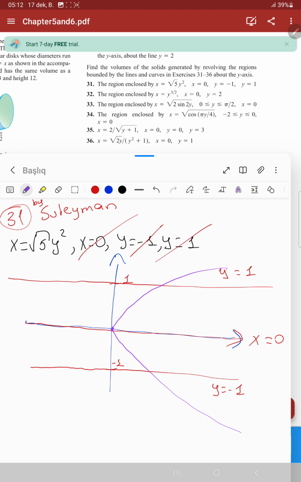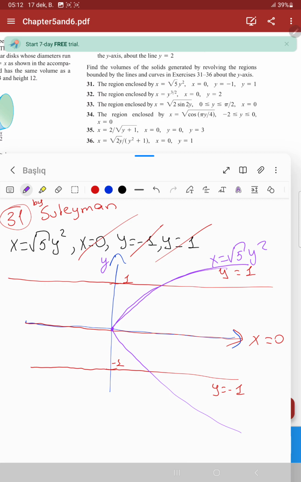So a parabola, but reflected by the x-axis, not y. This is the y-axis. x equals square root of 5y squared.